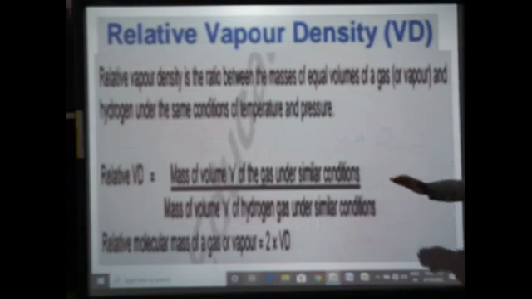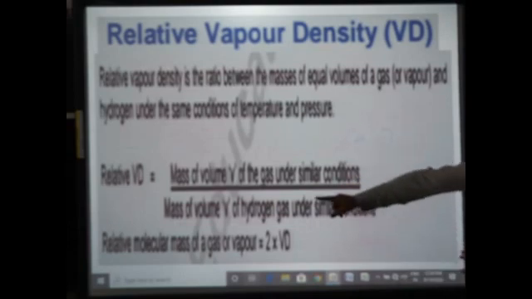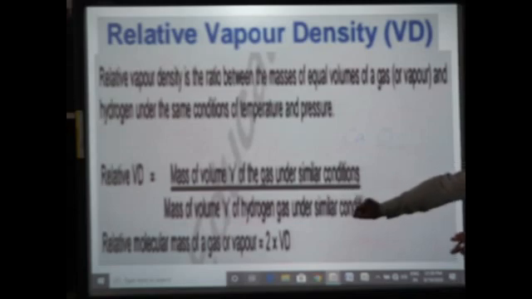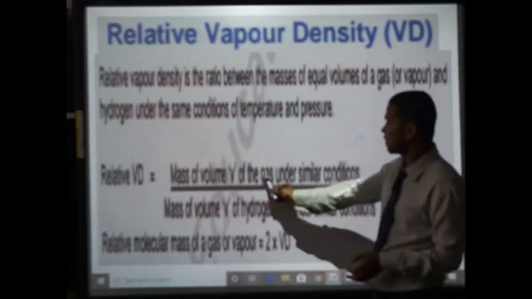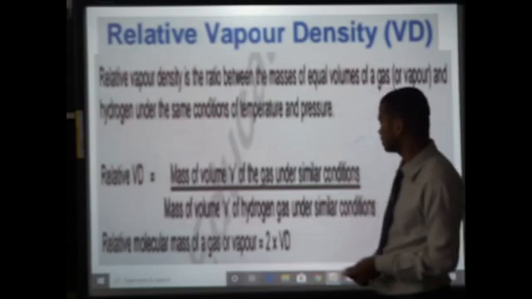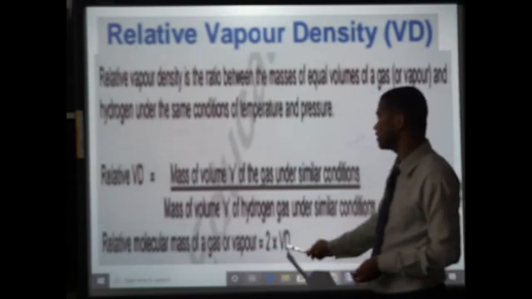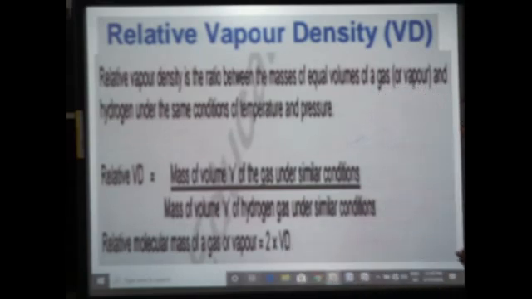That condition is to be the same. Okay, then the relative molecular mass of a gas is equal to 2 into vapor density. So this is the formula that we'll be using in the days to come, in the next class most probably. So what is the formula for relative molecular mass of a gas or vapor? How to find relative molecular mass of a gas or vapor?